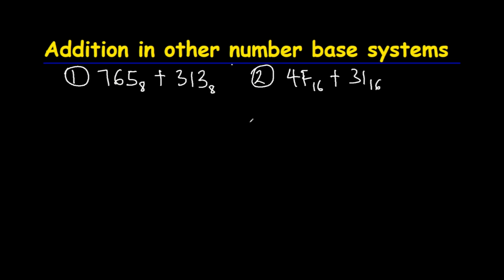So our second example says that we should add 4f in base 16 and 31 in base 16. So 1 plus f. We know that f represents a number in the hexadecimal system, so we have to find out the number.